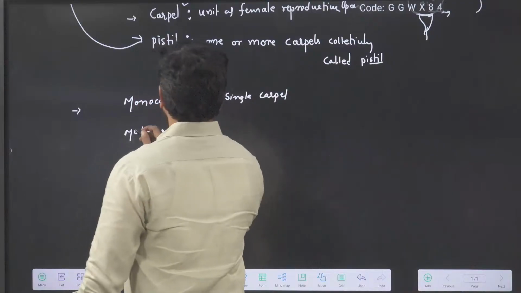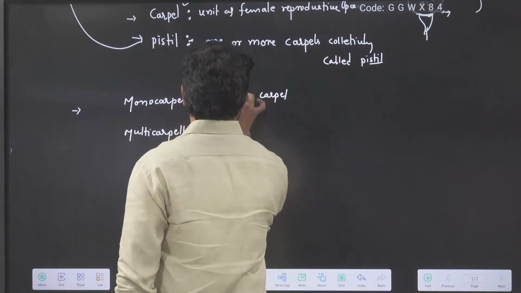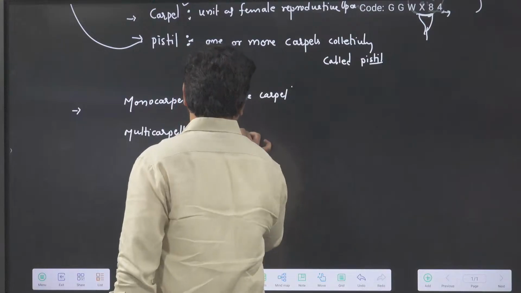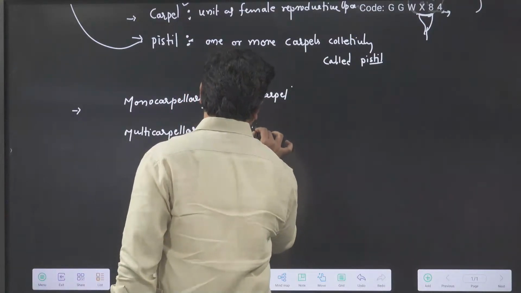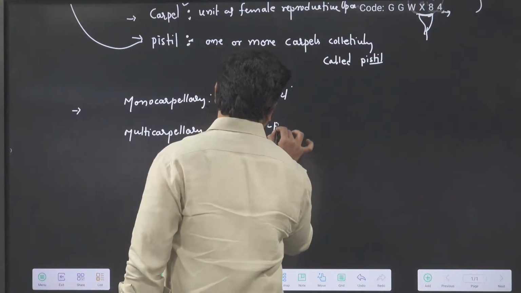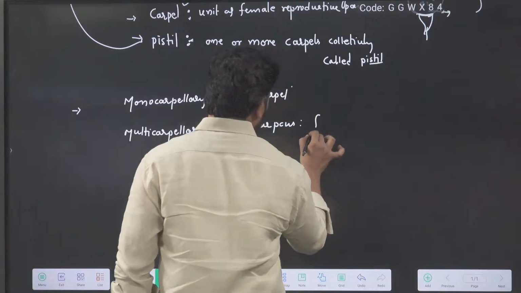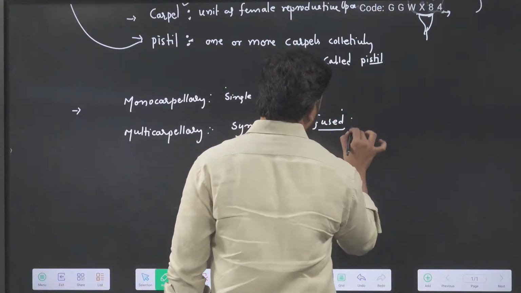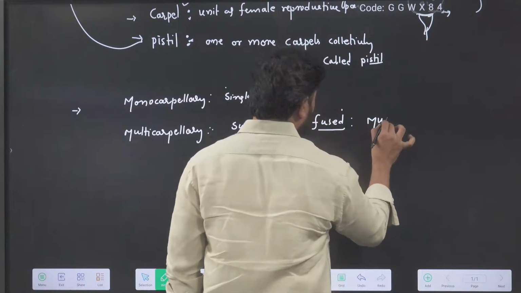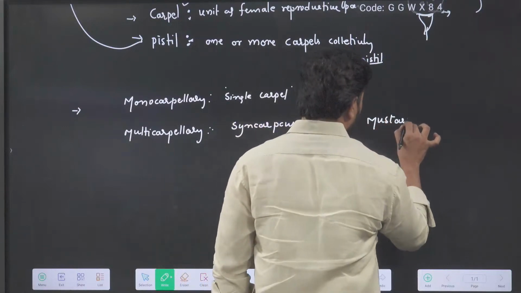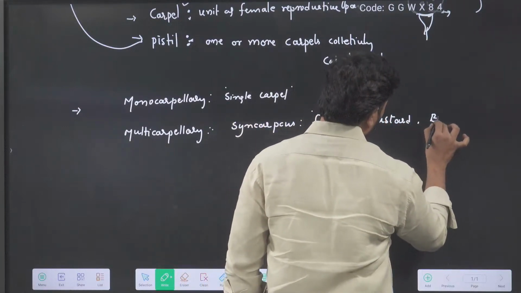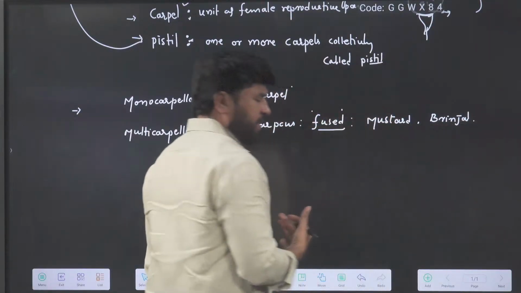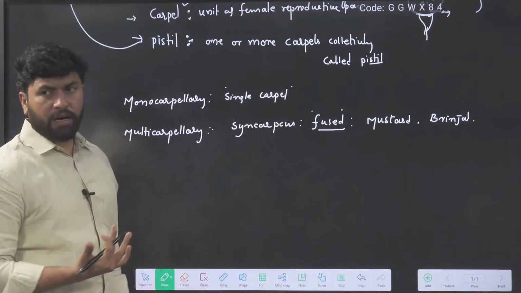In the multicarpellary condition, sometimes they are syncarpous, fused carpels. Best examples are mustard, brinjal, lemon, etc. Many have this syncarpous condition.